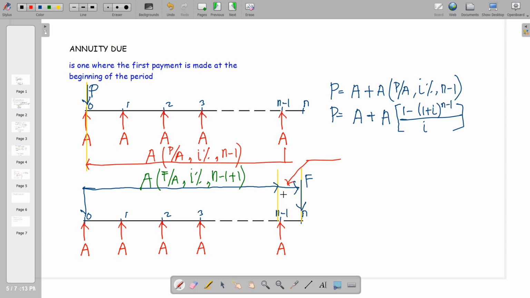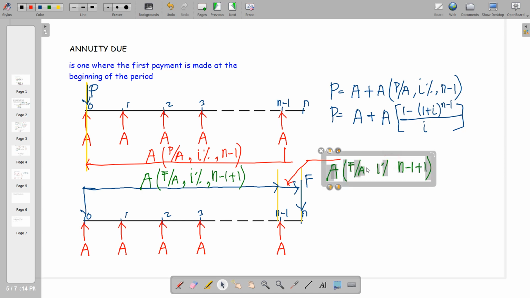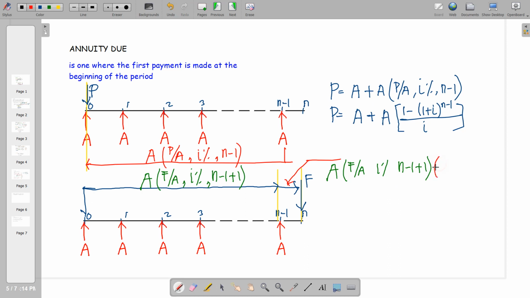Then for this timeline or range, we copy this one, and then we multiply it by the single payment compound amount factor. We have 1 plus i raised to n, but n here is having a difference of 1, so we can just omit that one. Then, obviously, that will be cancelled.